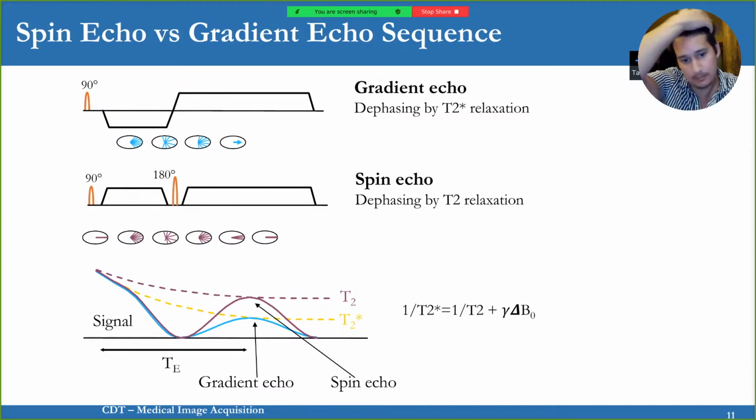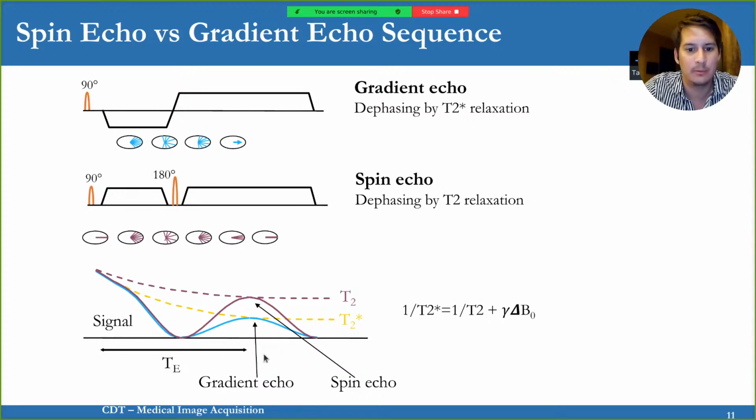Quantitative susceptibility mapping, for example, is a type of image that strongly depends on the T2 star. So that's one reason.